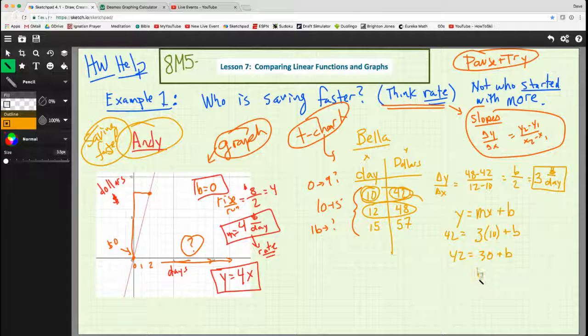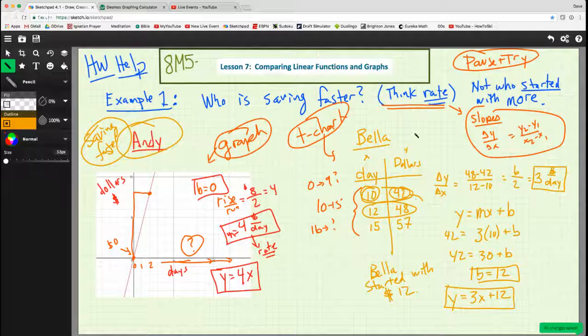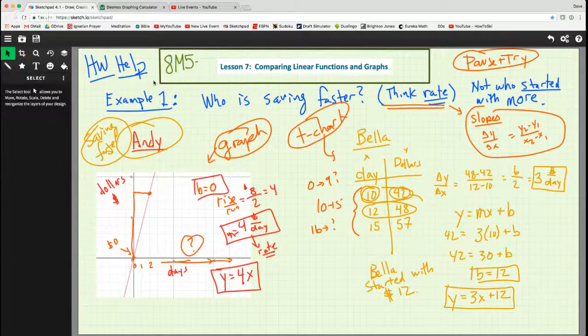Subtract 30 from both sides. And that's our starting point. And our equation then is y equals 3x plus 12. Well, that's Bella's equation. So if someone had asked, you would have said, well, Bella started with $12. But no one asked you that. So when you said that Andy was saving faster, you got this problem correct.